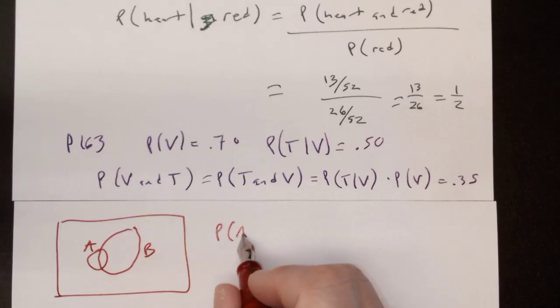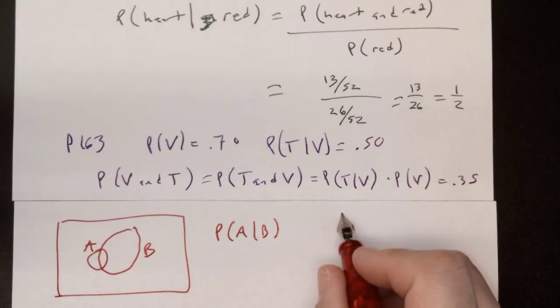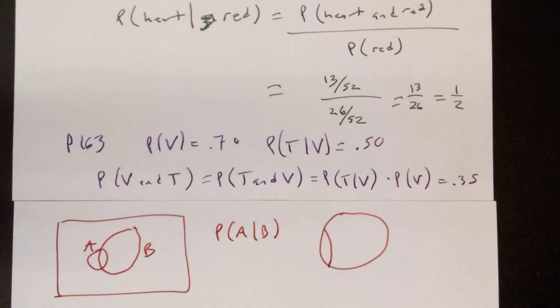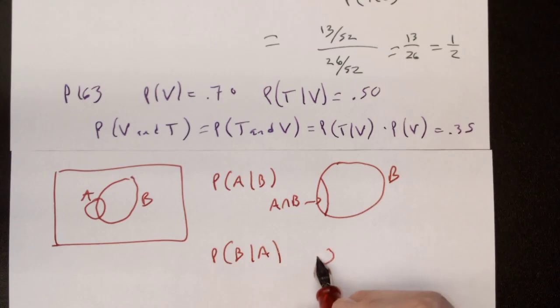P of A given B is that, where B is this big circle and this is A intersection B. But if I do it the other way around, P of B given A, then I'm in the small circle to begin with. I'm looking at that piece.